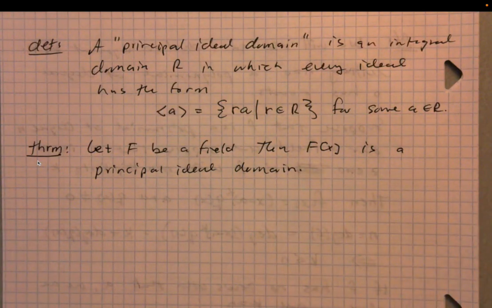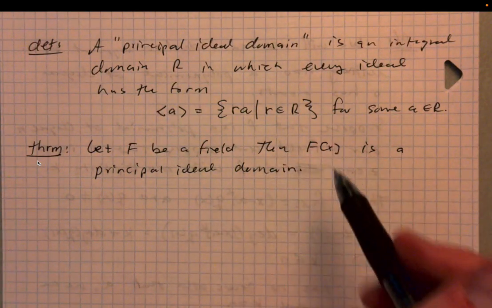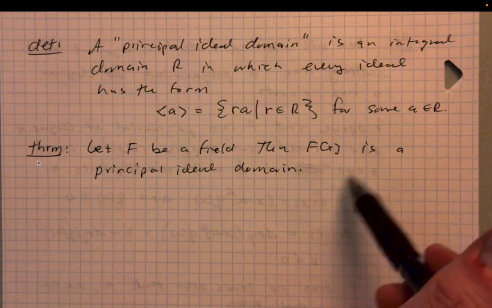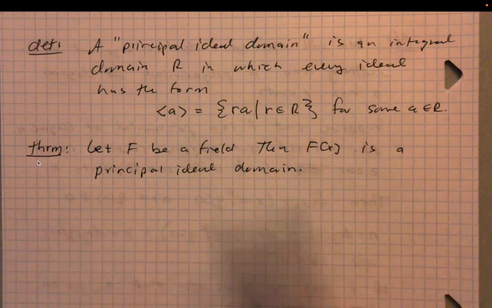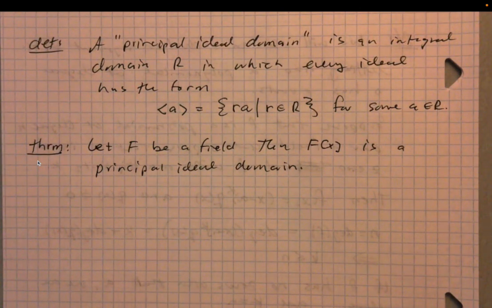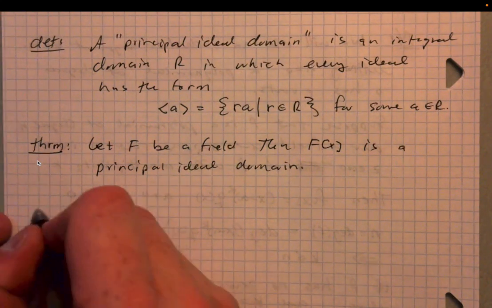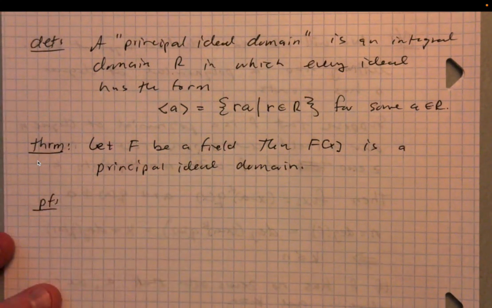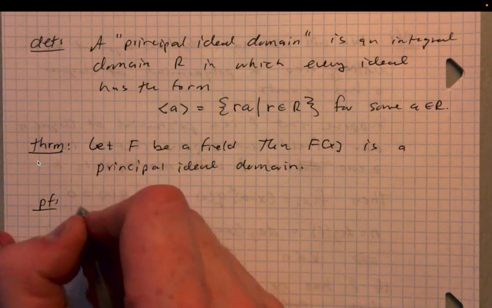Okay, so if F is a field, then automatically the ring of polynomials over F is going to be a principal ideal domain. Okay, and so this one is actually really easy to show, and it's a nice proof to end on. So we know that F of x is an integral domain.